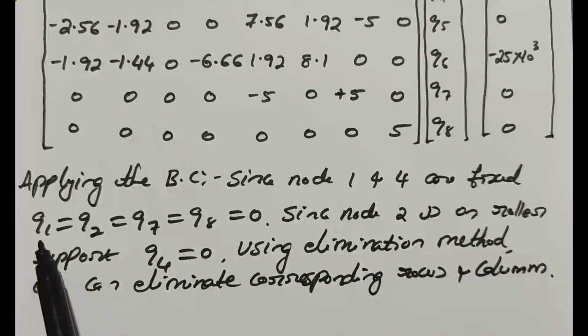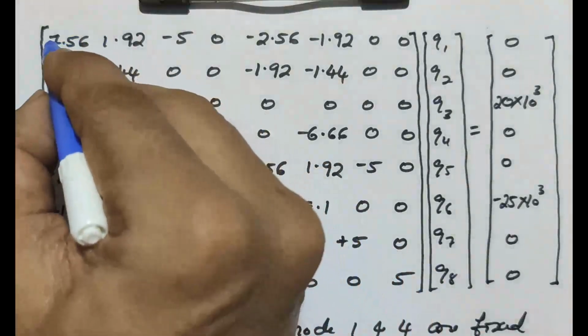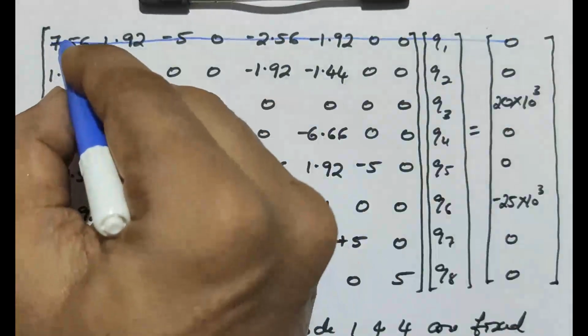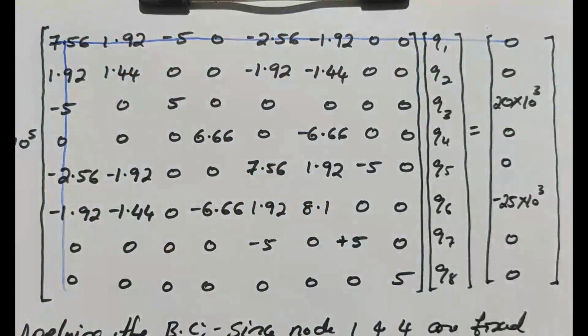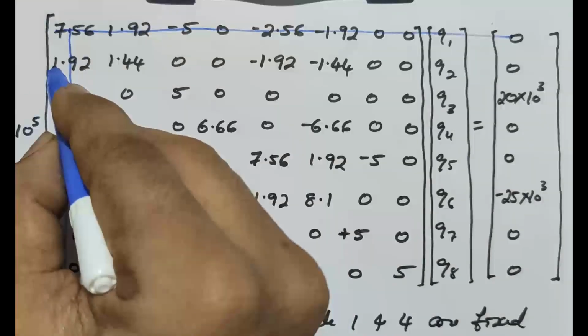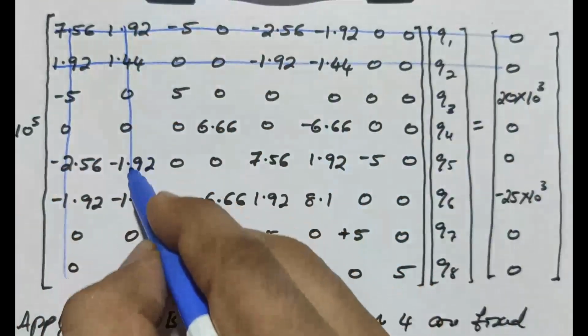See, Q1 is 0, so I can eliminate first row, first column. Since Q2 is 0, I can eliminate second row, second column. So I will eliminate second row, second column.